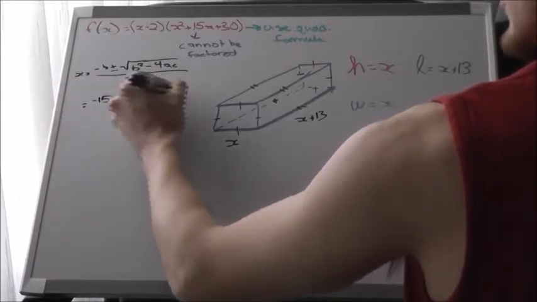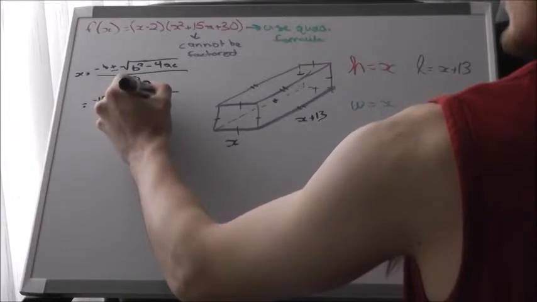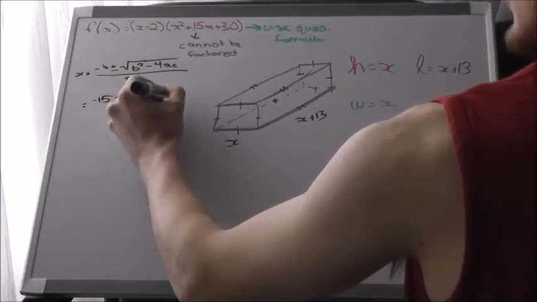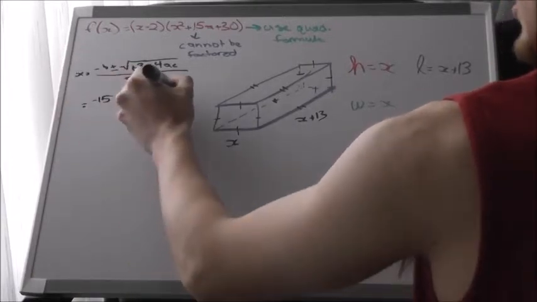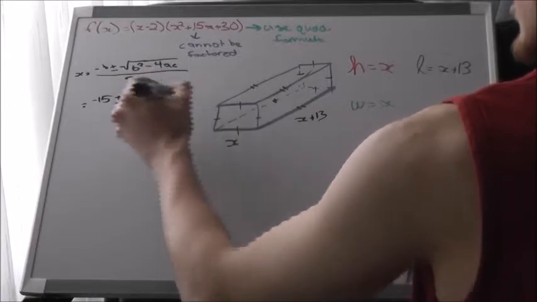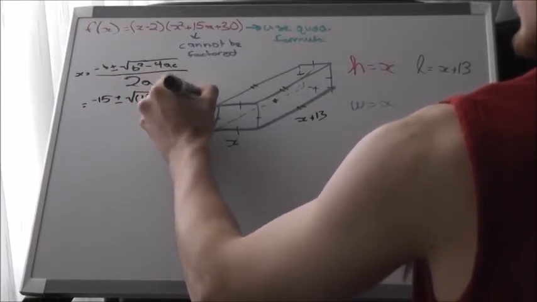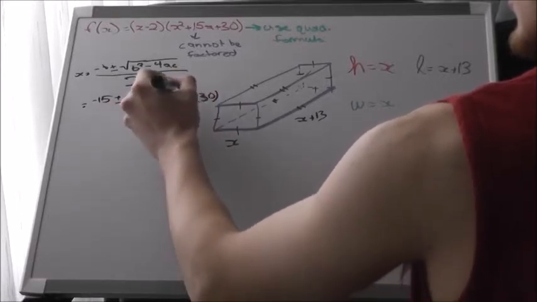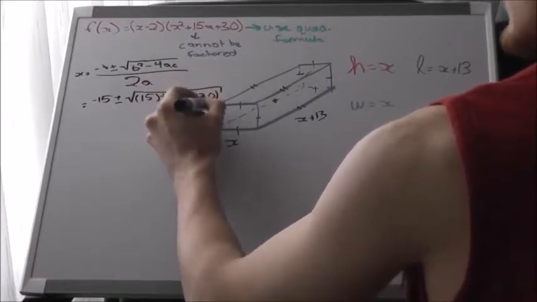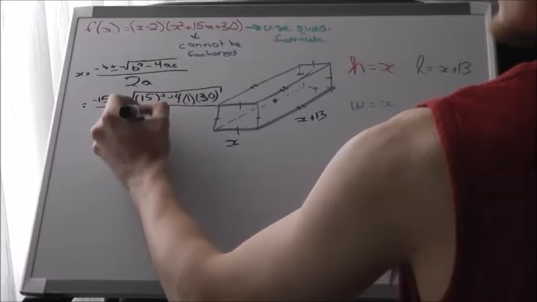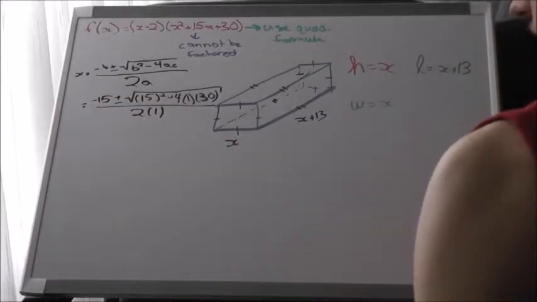So we're going to get negative 15 plus or minus the square root of 15 squared minus 4 times 1 times 30, close the bracket, and this is all going to be over 2a, or 2 times 1.